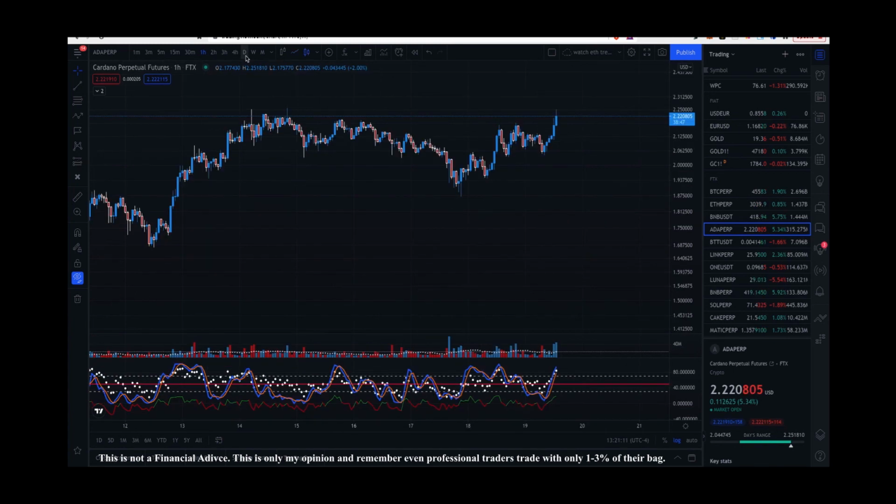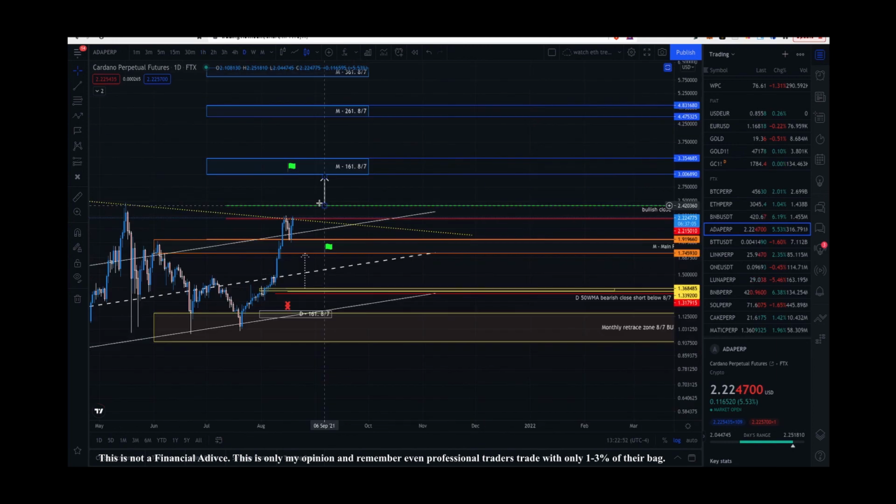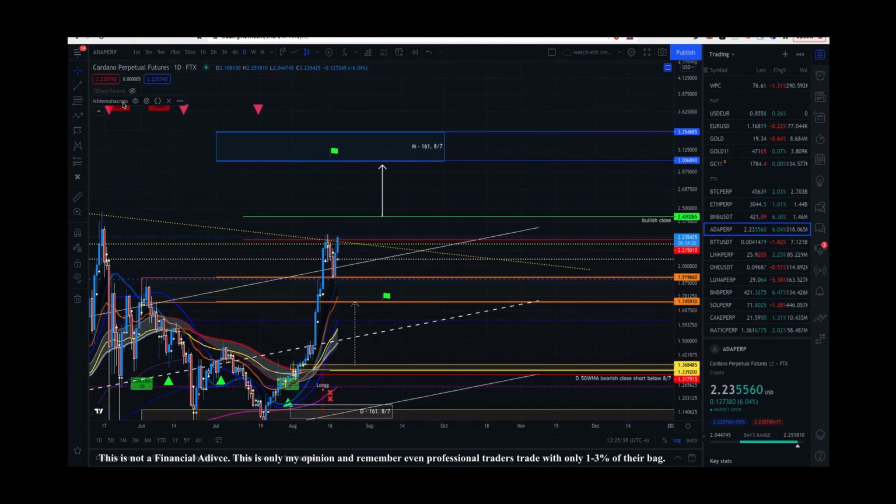Hopefully we can close above the green line. You can see here that we broke out of that trend line. If you draw a trend line coming down this way, we broke right out of it, which is a good bullish sign. I'm waiting for at least a candle close above the green line for me to enter a long position to ride out this wave, all the way to the 1618 extension level. Until then, I'm gonna stay neutral.